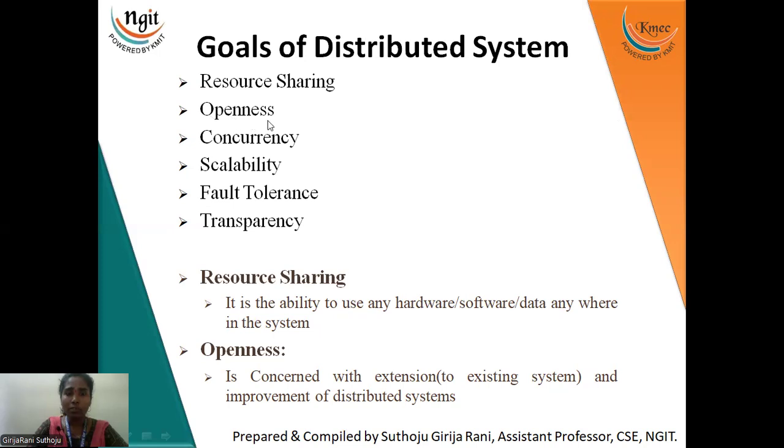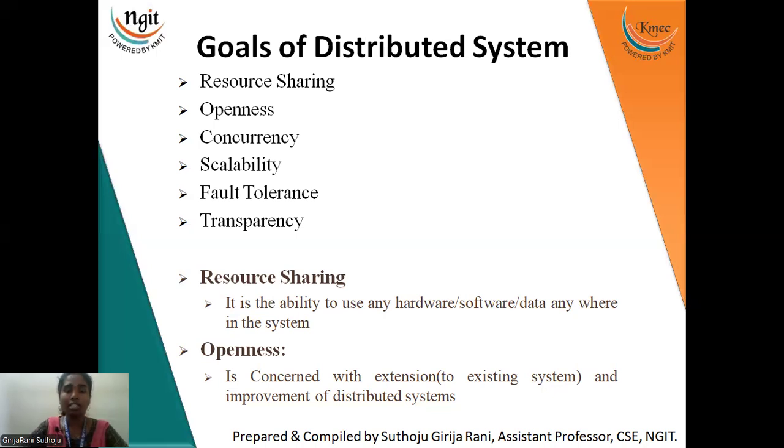And the openness will be in terms of the software or the systems which we have in the network; they should always be available to be upgraded with the latest versions of the software. If we take one software with the first version and we get the new version, version 2, the existing version 1 should always be open to upgrade itself from version 1 to version 2.